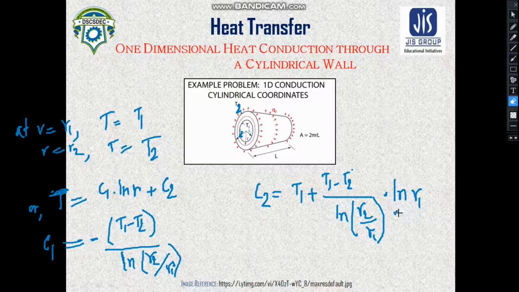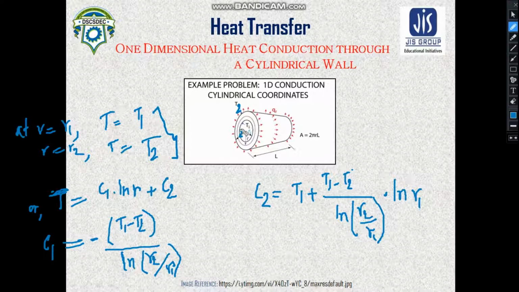So this is the value you will obtain after solving the equations for r equal to r1 and T equal to T1. This is nothing but the boundary conditions at r equal to r1. That means we are considering the inner radius here.